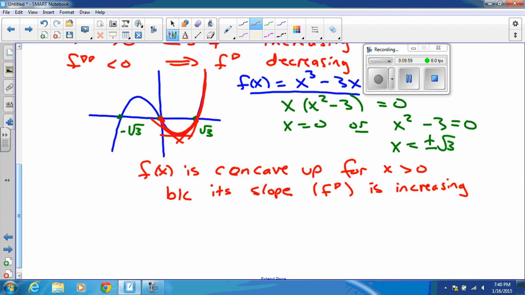In other words, for all of the region from x equals 0 and beyond, f of x is concave up for x greater than 0 because f double prime is greater than 0.